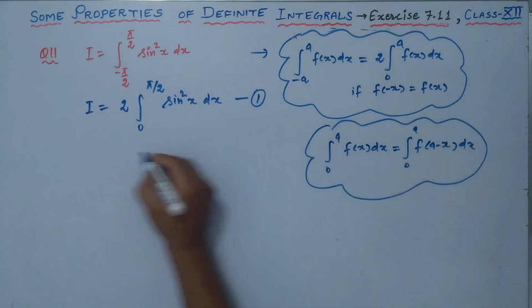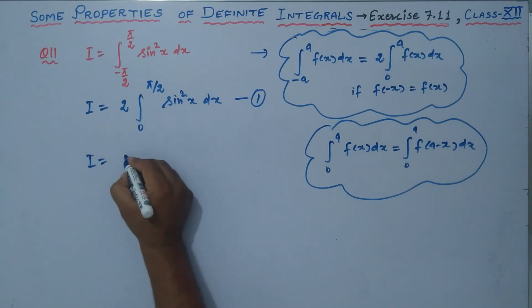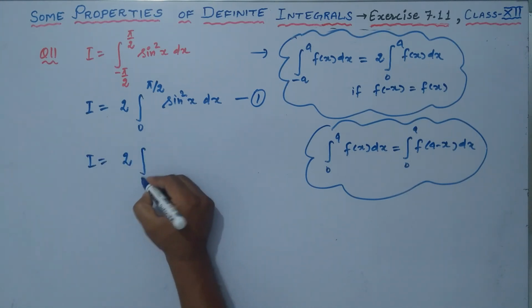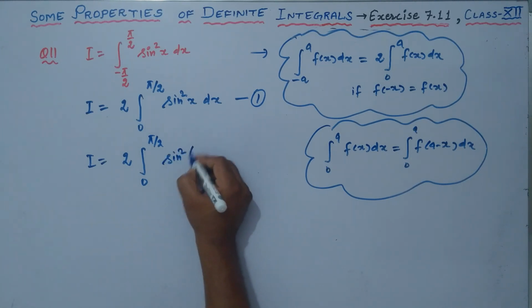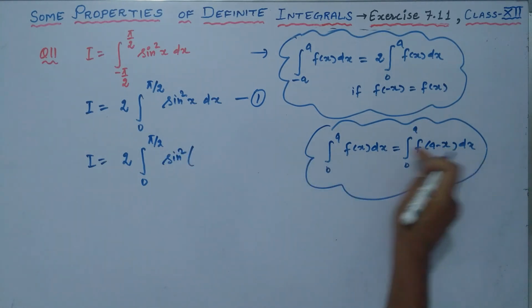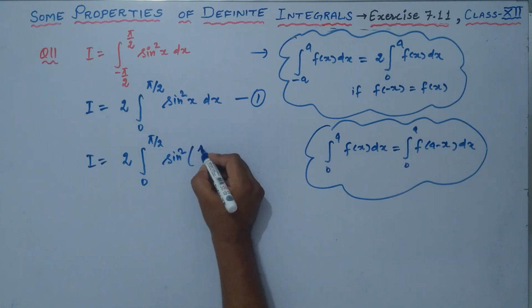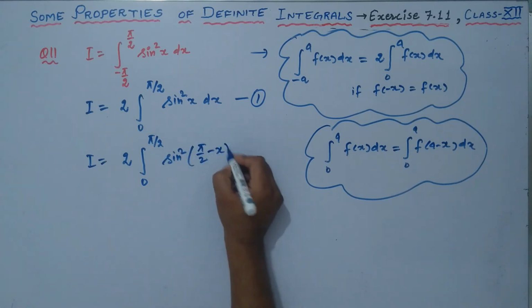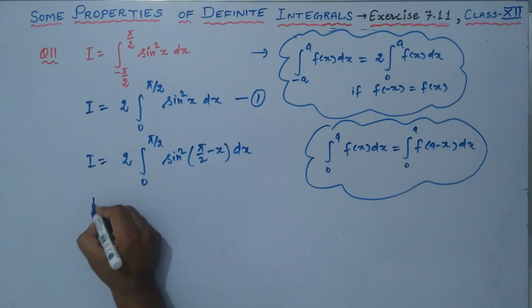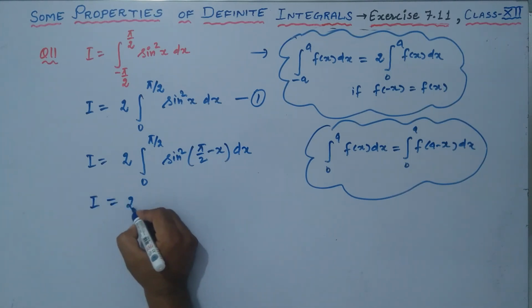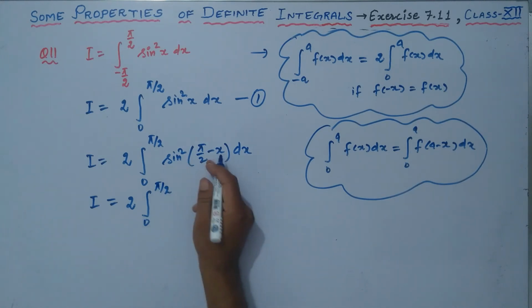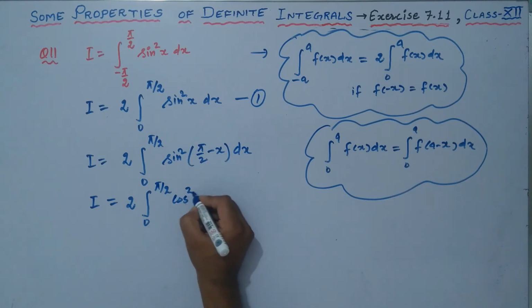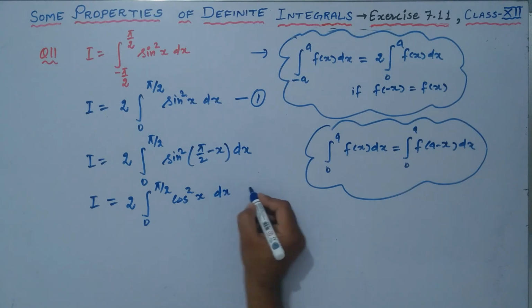So this question becomes I is equal to integral 0 to pi by 2 of sine square, in place of x we write a minus x, that means pi by 2 minus x, into dx. So this becomes I is equal to integral 0 to pi by 2 of cos square of x into dx.